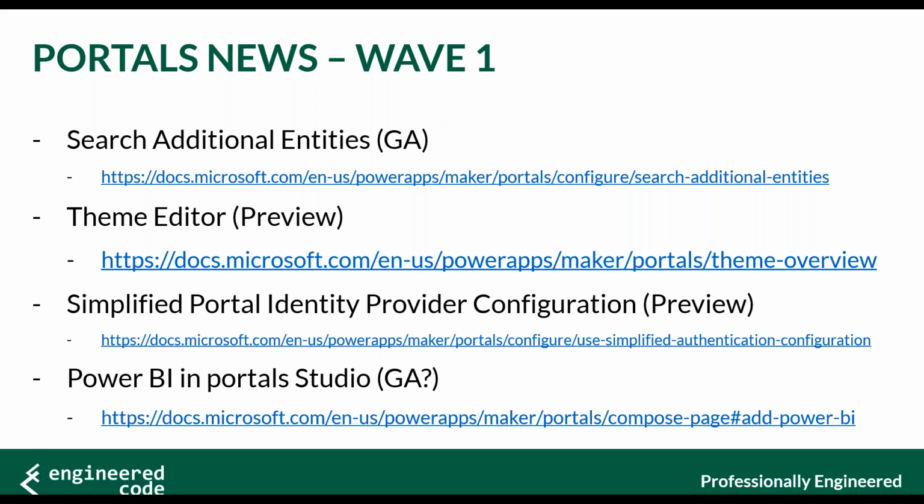That would be things like web pages, knowledge base articles, blogs, forums. There was just a certain list of entities that could be searched. And one of the things that Microsoft announced was that you could now configure your own custom entities to be included in that search index, and that functionality is now available. As far as I know, that is generally available, so it's not even in preview.